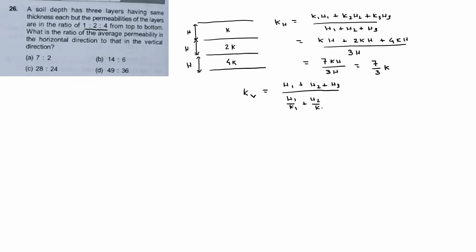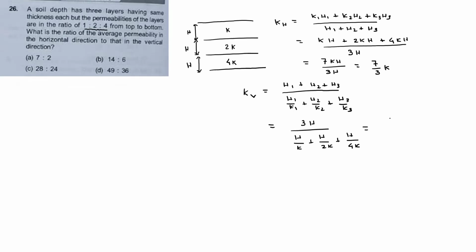And KV, the permeability in the vertical direction, is H1 plus H2 plus H3 divided by H1 by K1 plus H2 by K2 plus H3 by K3. So this is 3H divided by H divided by K, plus H divided by 2K, plus H divided by 4K.